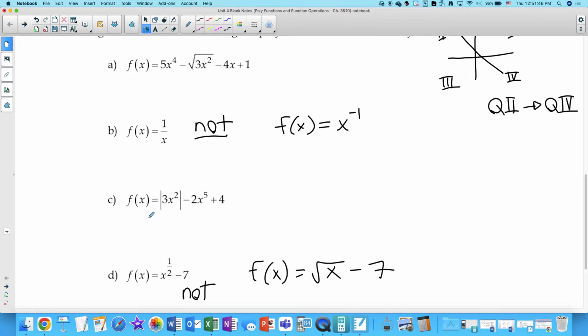Essentially, this would be f of x equals 5x to the 4 minus root 3x minus 4x plus 1. So the fact that the coefficient is a radical is fine. The degree on x here is still 1. So this is.